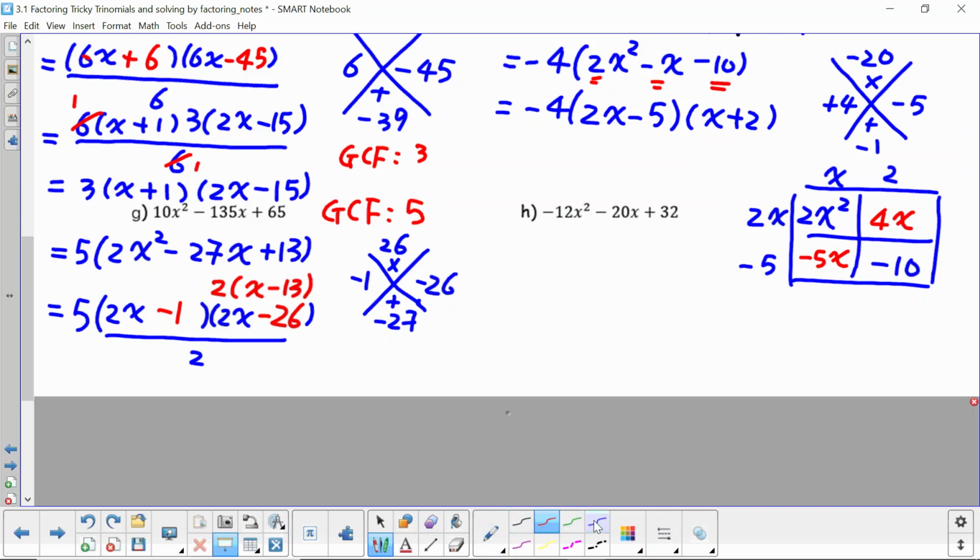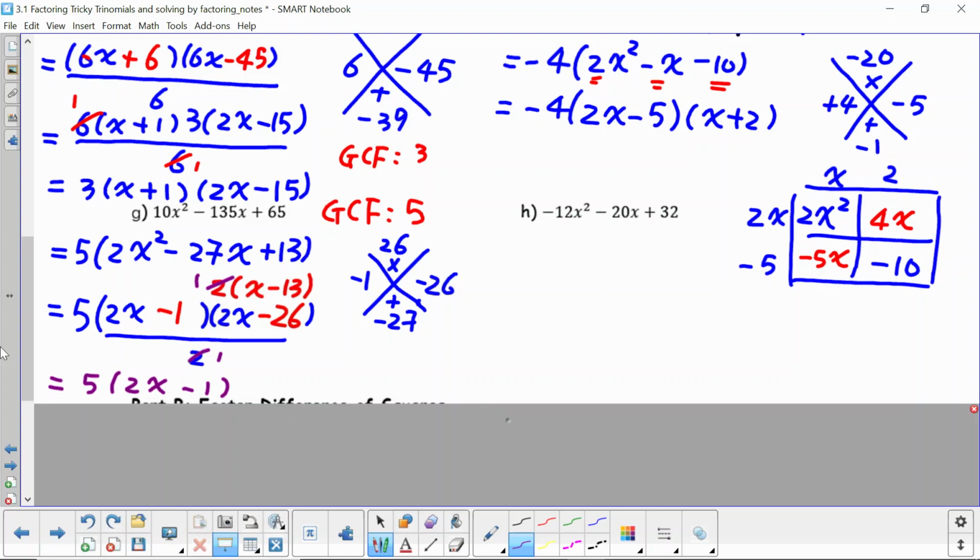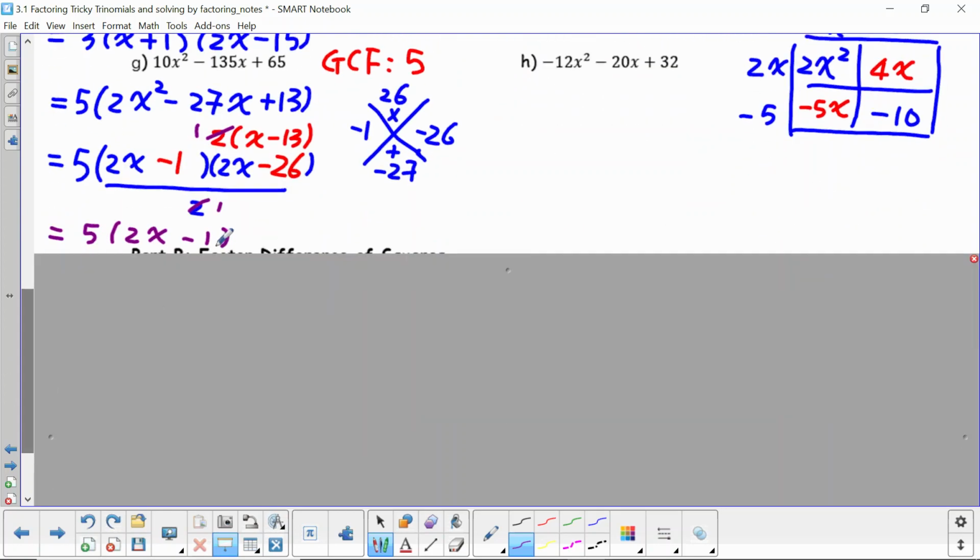Then we are going to divide these 2 with the denominator. Then you will have 5 bracket 2x minus 1 bracket x minus 13. That is that.